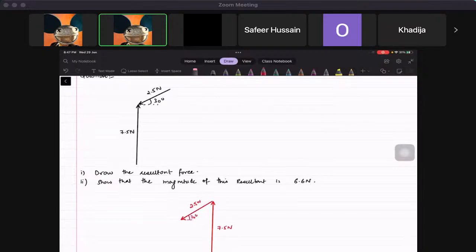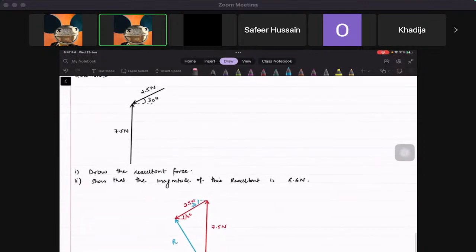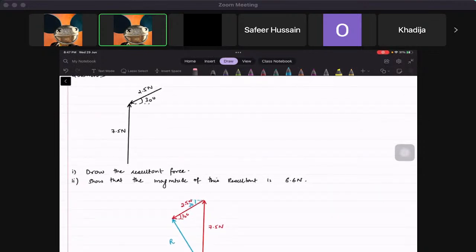The resultant will always go from the start to the end, so your resultant should look like this. If this is 30 degrees, then this angle is also 30 degrees, which means that with the right angle of 90, this angle will be 90 minus 30, 60 degrees.